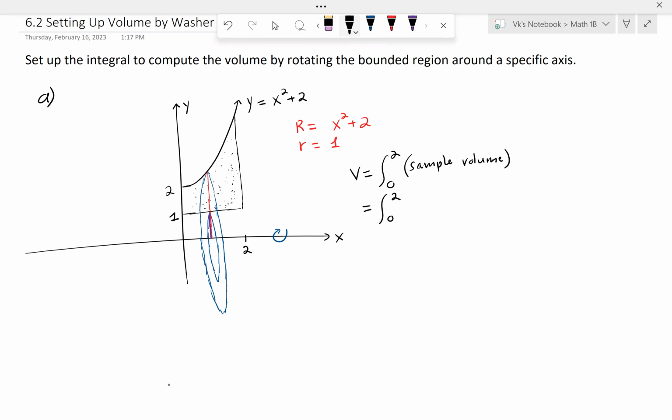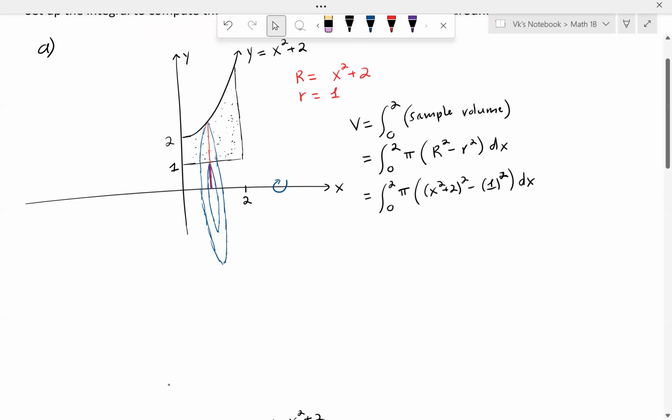The volume of the washer is pi R squared minus small r squared dx. And we have x squared plus 2 squared minus 1 squared dx. Yep, this is the setup. Let's move to another one.